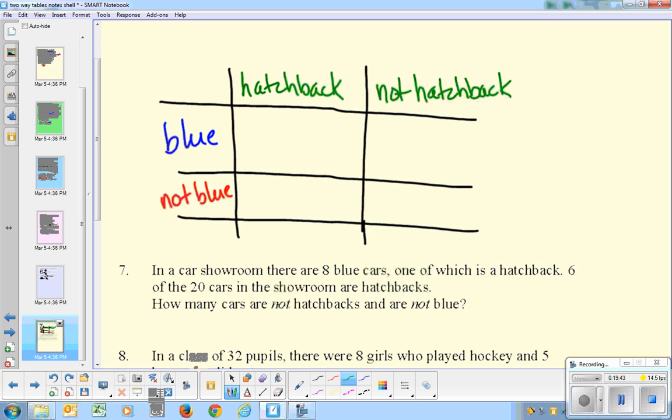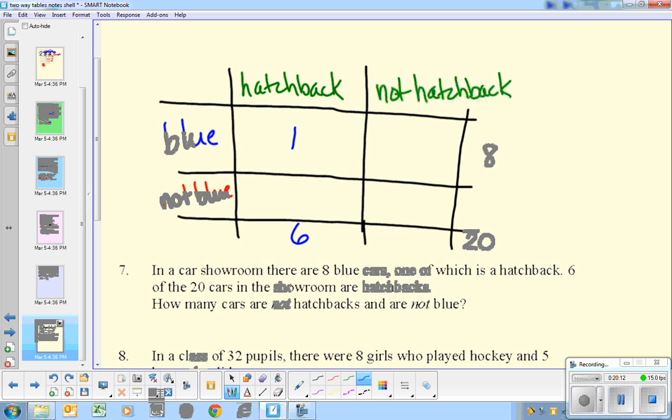So I think what I'd like to do, I need to draw another line over here. 8 blue cars total, and it says one of them is a hatchback, and 6 of the 20 cars in the showroom, so I think this is 20 down here, 6 of the 20 cars are hatchbacks. And I think that's actually enough for you to get there. Okay, so there's a start on number 7. You'll have to fill in the rest of the table and then answer this question.